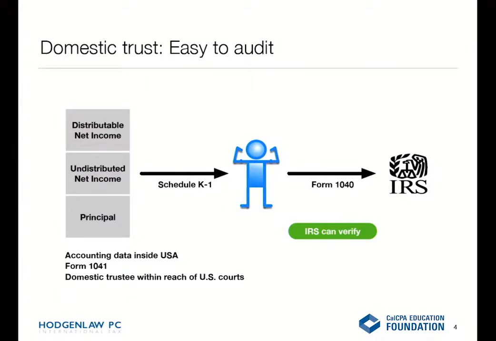A Schedule K-1 is generated and given to the beneficiary. The beneficiary files Form 1040 reporting their income to the IRS. The IRS sees both sides of it. They see the 1041 from the trust. They see the Form 1040 from the beneficiary. All the accounting data is located inside the U.S., and the domestic trustee is within the reach of the U.S. courts. So the IRS likes domestic trusts. There's a lot of transparency.